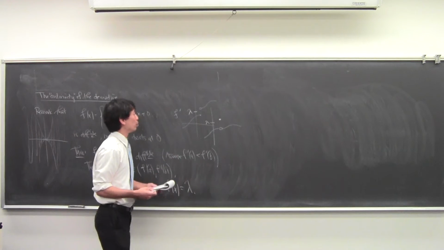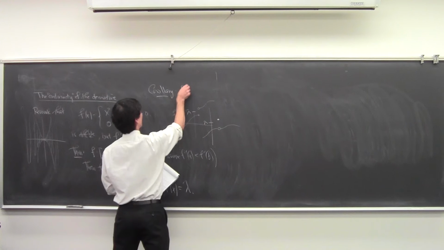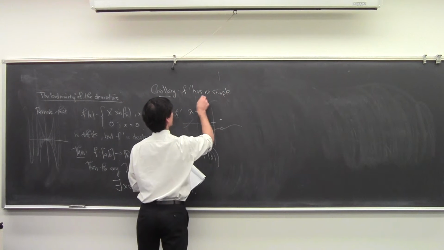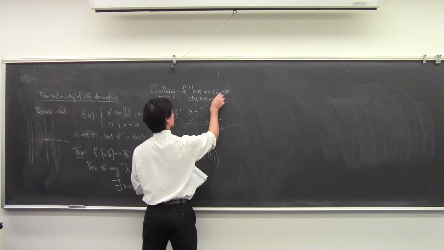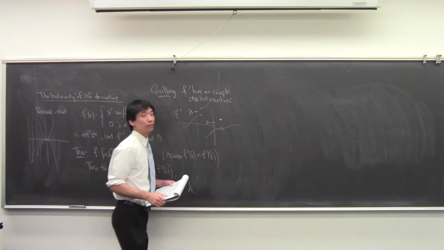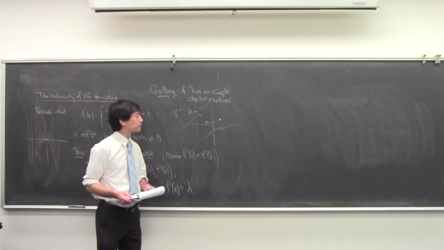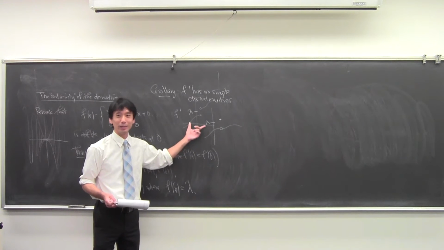Okay, and so the corollary of this is that f prime has no simple discontinuities. Right? It has only discontinuities of the second kind. Okay, and this is basically the proof right here. Right?